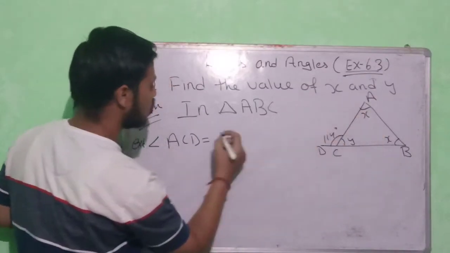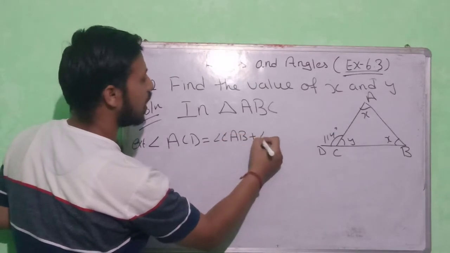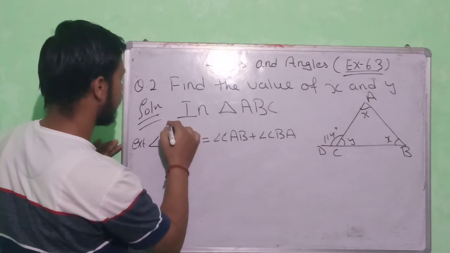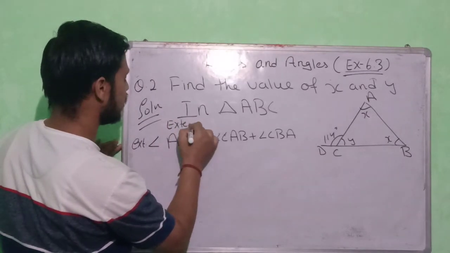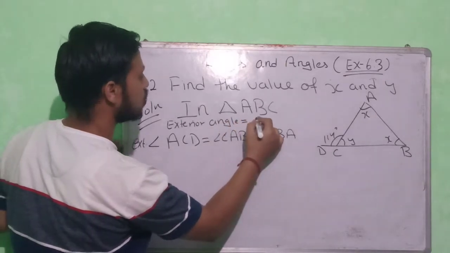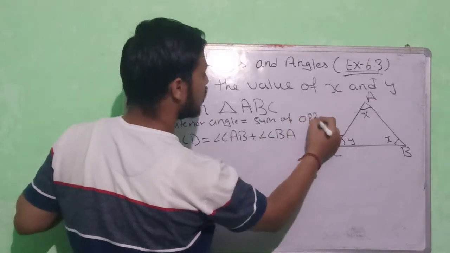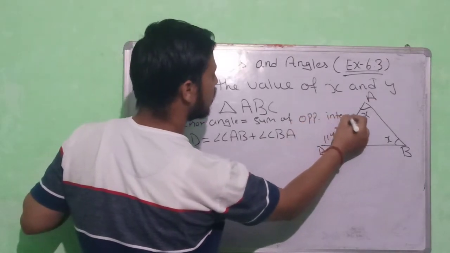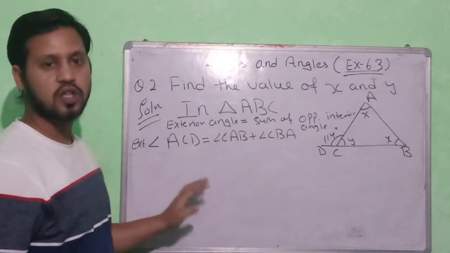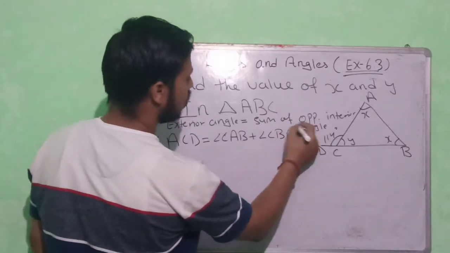The opposite interior angles are these two angles, angle CAB plus angle CBA. Exterior angle equals the sum of the two opposite interior angles.